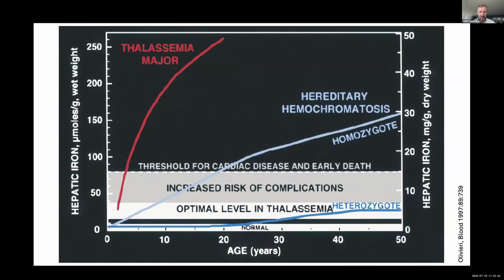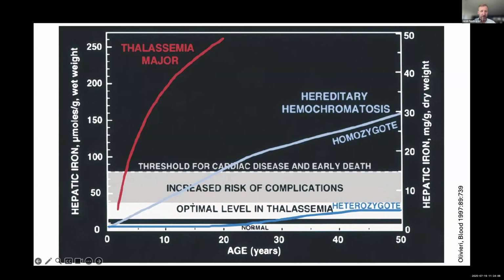And we know that patients who have beta thalassemia trait, for example, or hemochromatosis trait will have liver irons up to 7 and still have no problems. Once you start getting past 7, that's when the liver starts to be injured. Once you start getting past 15, historically, that's when we started seeing problems with the heart.